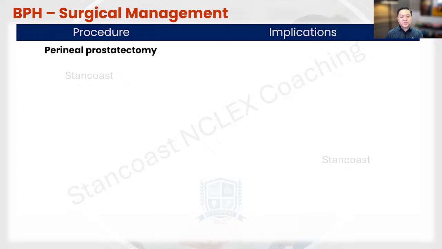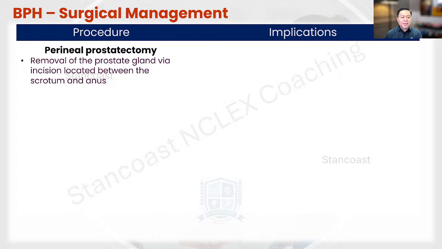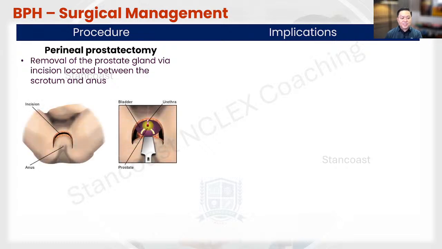Now, another procedure that we need to talk about is the perineal prostatectomy, which is basically like that. And so the approach is going to make that incision between the anus and the scrotal area. All right. Kind of an odd incision. It's kind of curved.